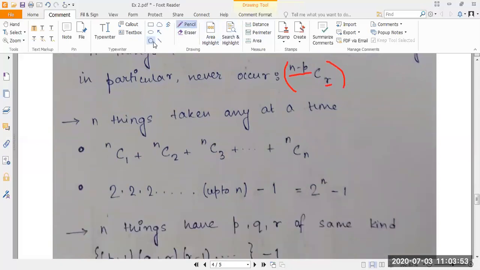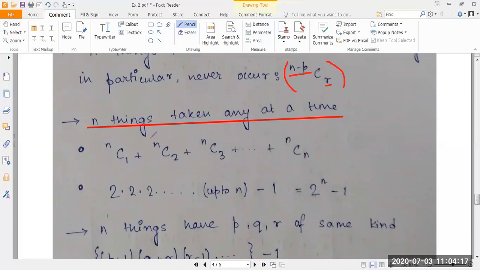Now we come to a very important expression which is used in many other chapters. Let's say we have n things taken any at a time. We can choose one thing out of n items, two out of n items, three out of n items. So we have this series where the first term nC1 represents where I choose 1 out of n items.